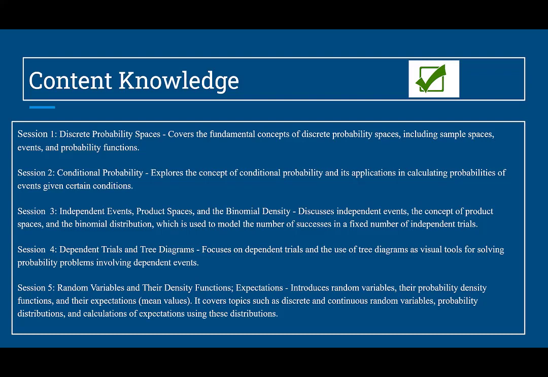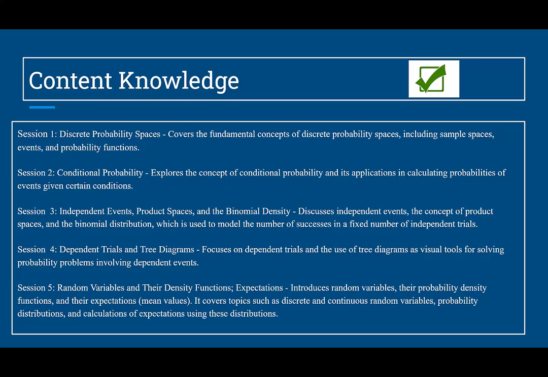Content knowledge, the framework from which our students will gain understanding for discrete math. The 5 parts. Number 1, discrete probability spaces covers the fundamental concepts of discrete probability spaces, including sample spaces, events, and probability functions.